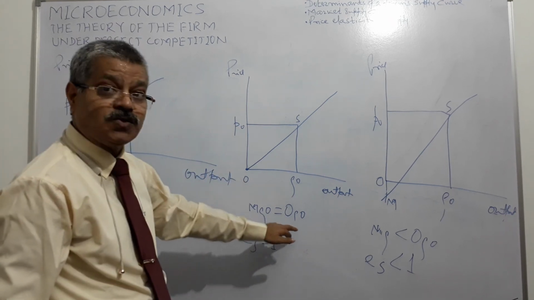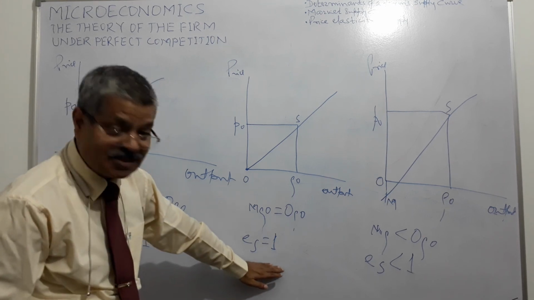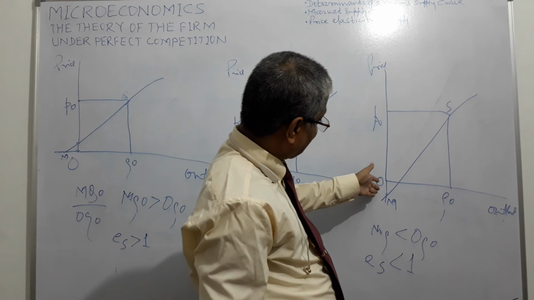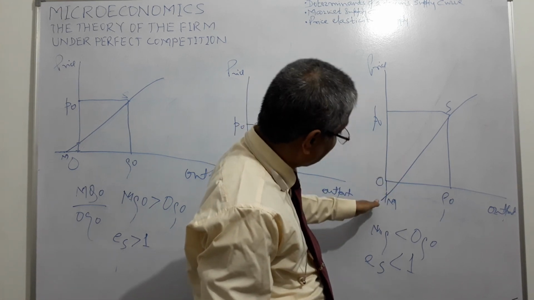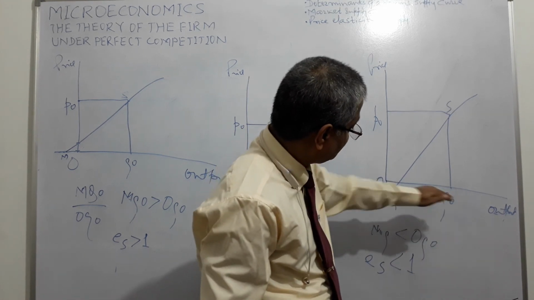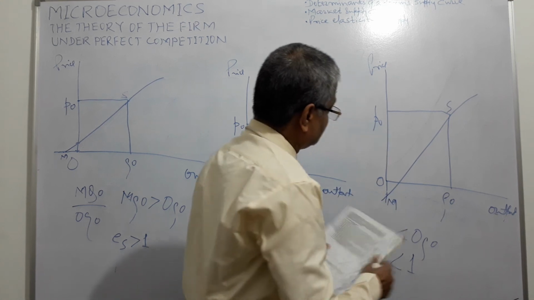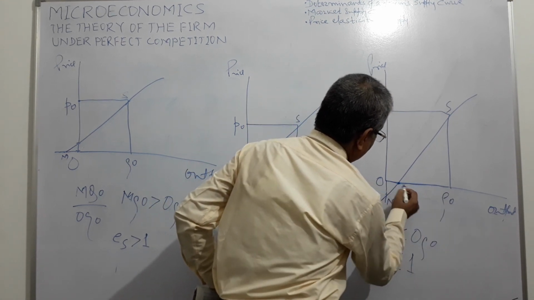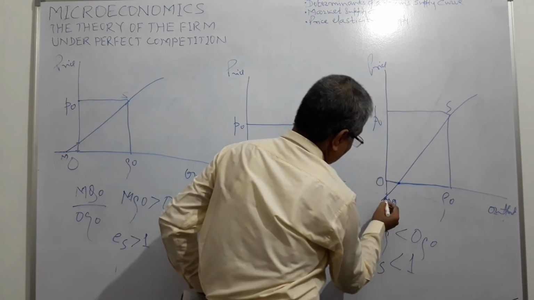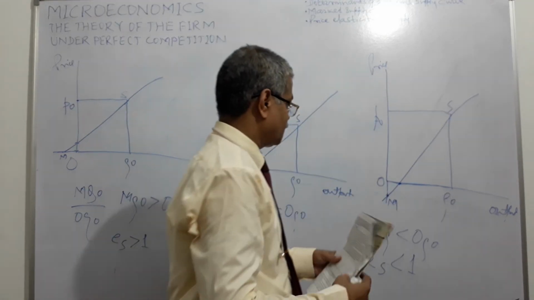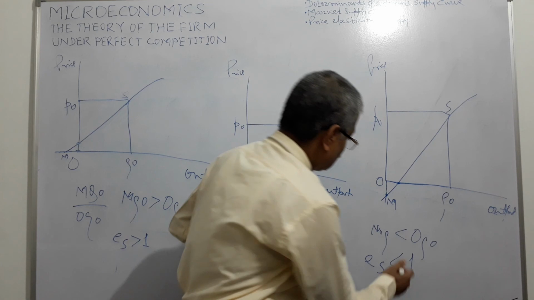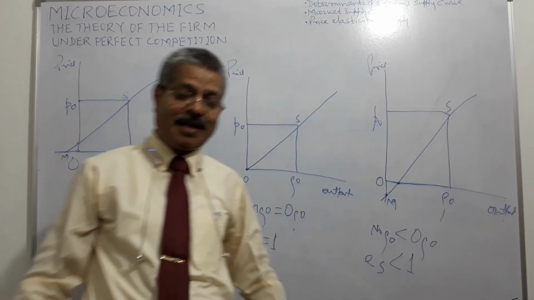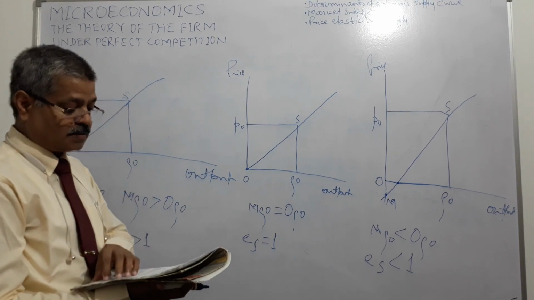So MQ0 is equal to OQ0, so price elasticity of supply is equal to 1. And here it has cut the price axis in a negative way and output in the positive. From here output, so it is positive. From here price, so this is negative. So here MQ0 is less than OQ0. So price elasticity of supply is less than 1. Right?